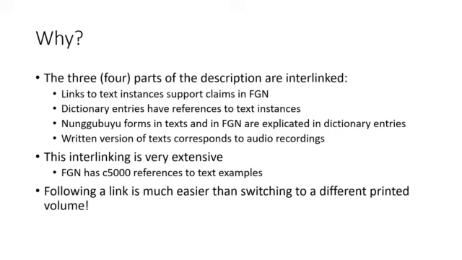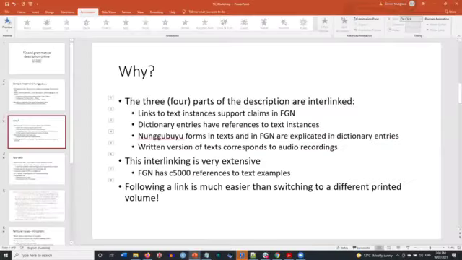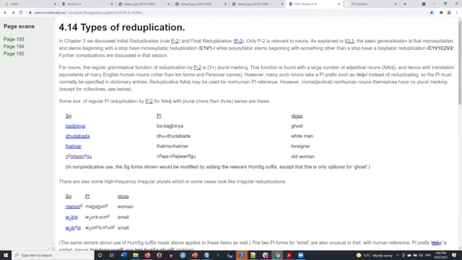Now, before I get on to talking about what we've actually done with TEI, I'll just show you what we've got of how this works at the moment, so you can get a sense of what we're playing with. So here's a page of a section from the grammatical description proper, the functional grammar.